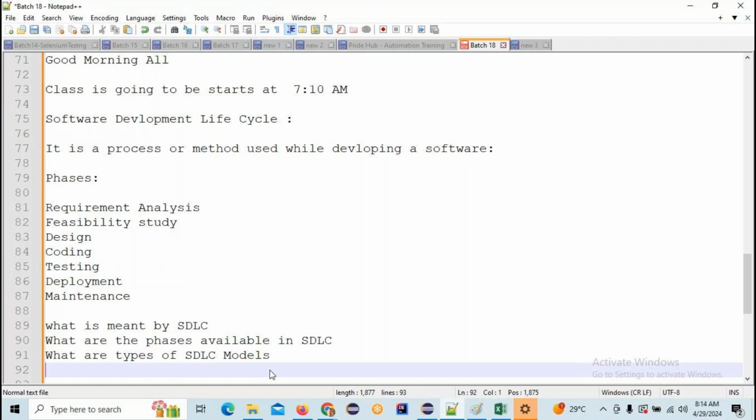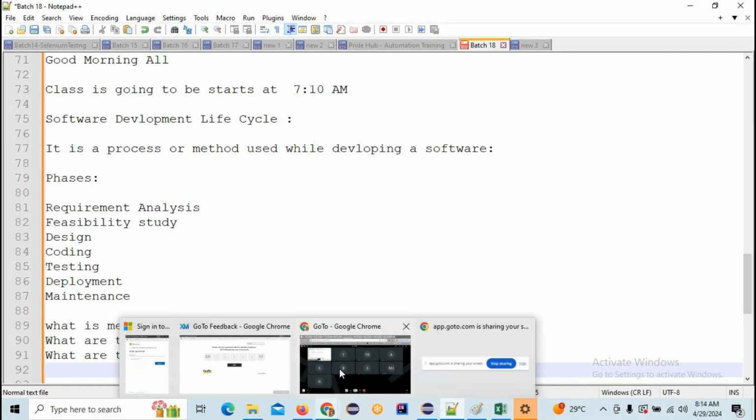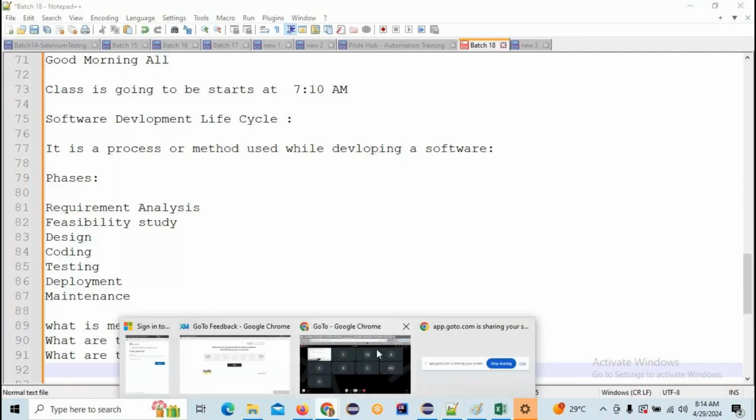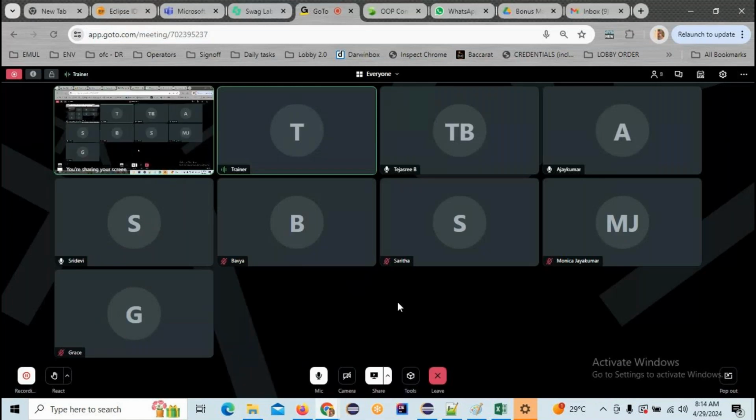That's the reason I will go slowly this entire week. Okay, so clear about these three topics? Yes, sir. I need responses from everyone, not only a single student. I need Yes, sir responses from each and every student. Okay, please be active in the classes, guys.